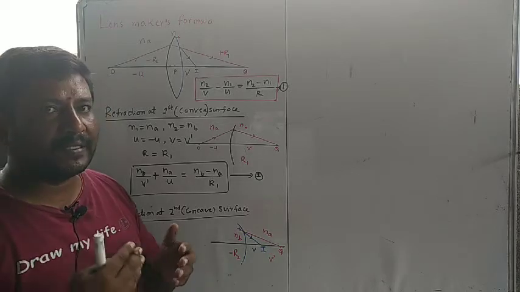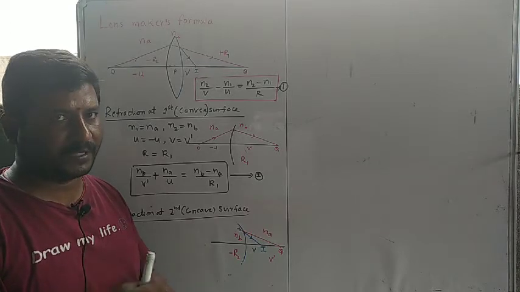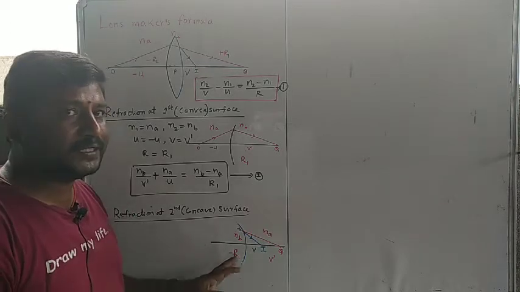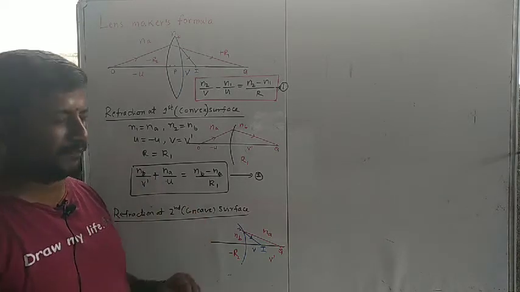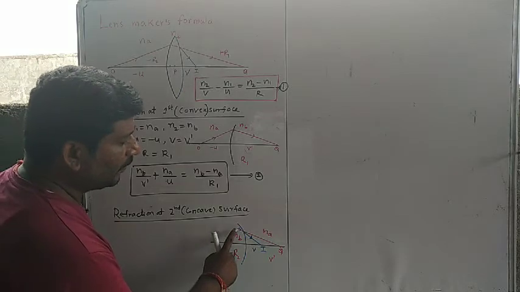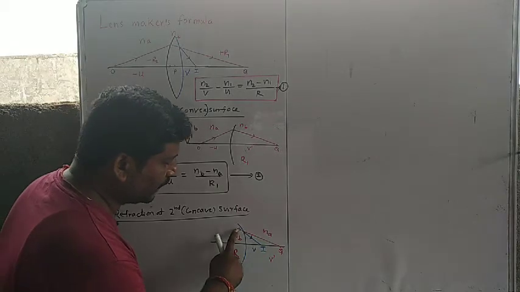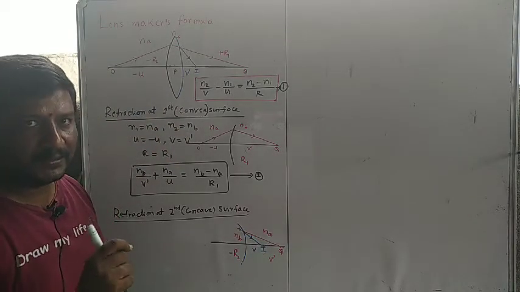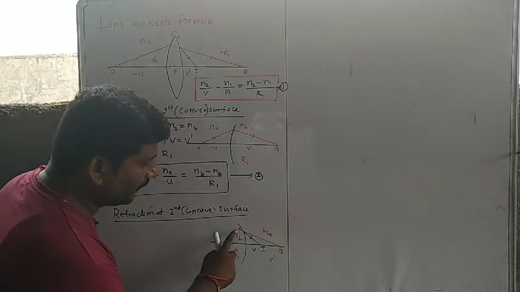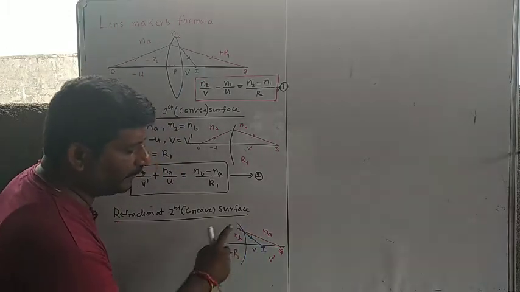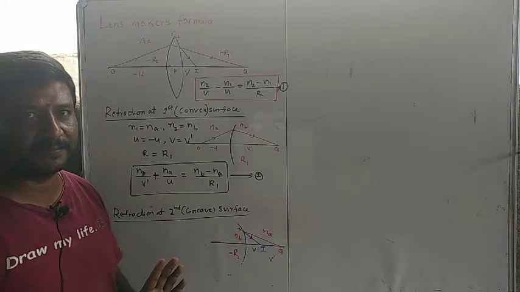Next we are going to discuss the refraction at second surface or concave surface. In this case we ignore the first refracting surface, we ignore the convex surface. Actually this line is due to first refracting surface, but it will be bent or refracts due to second refracting surface.